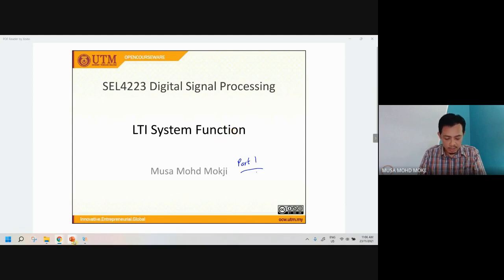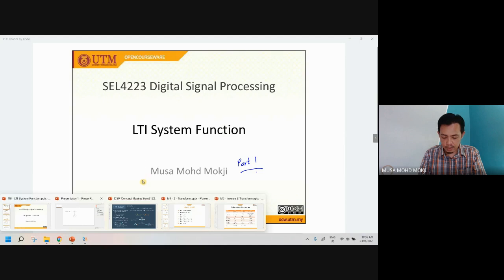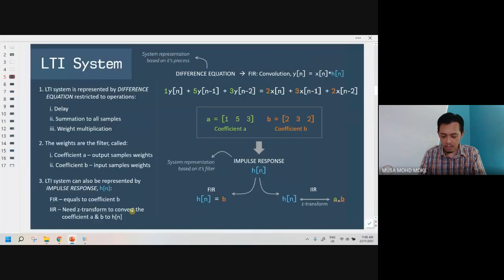Let's do some recap so that we know what we are trying to cover today. This is from several weeks ago, when we covered LTI systems. We started this in week 3. What is an LTI system?